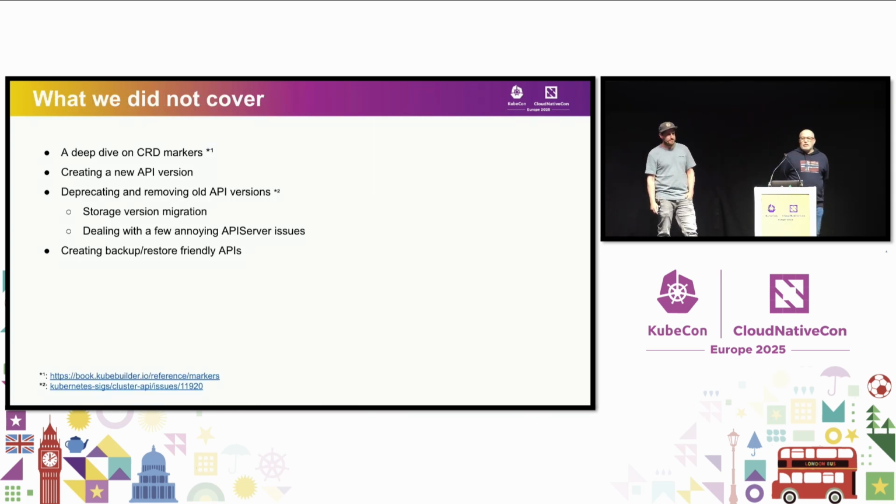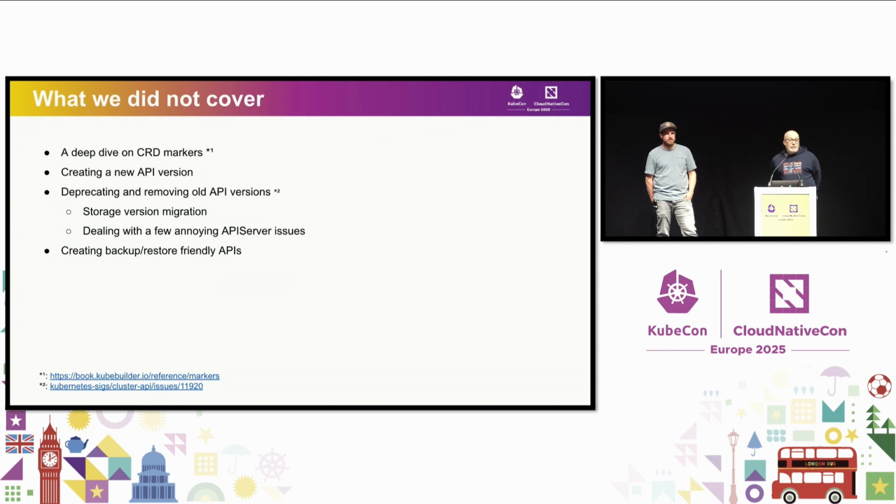Okay, so before wrapping up, let's quickly talk about what we did not cover in today's presentation. We did not have a deep dive on CRD markers. There are many of them. Some of them are simple and intuitive, like min-len, max-len, most of the ones about validation.